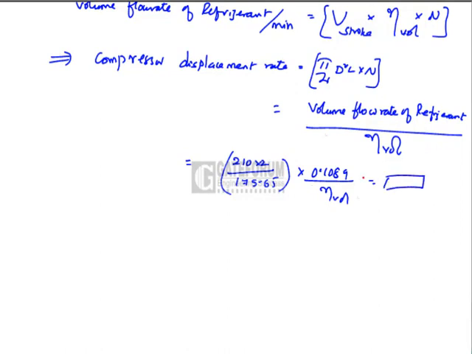So that gives the compressor displacement rate in meter cube per minute.